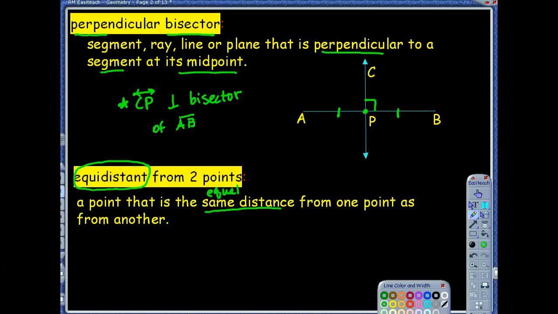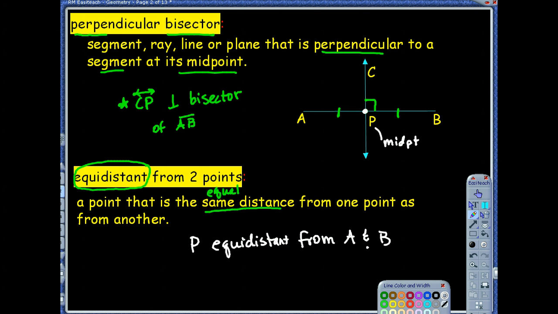So like in this picture up here, I already know that the midpoint P is technically equidistant to A and to B. So I could say P is equidistant from A and B because of the fact that we know it's the midpoint.